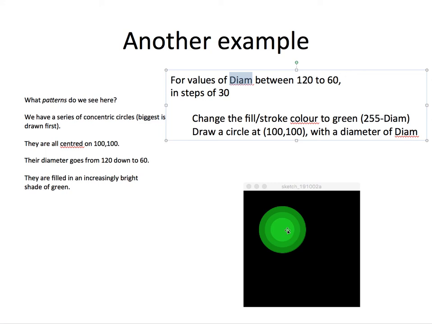So we can easily derive the color from the diameter by just subtracting the diameter from some upper value. Okay, so essentially the algorithm is for circles between 120 and 60 in steps of 30, draw a circle with that diameter.